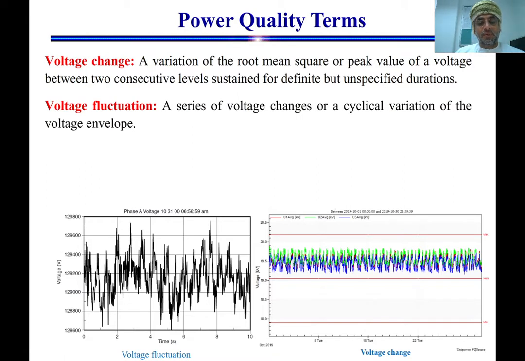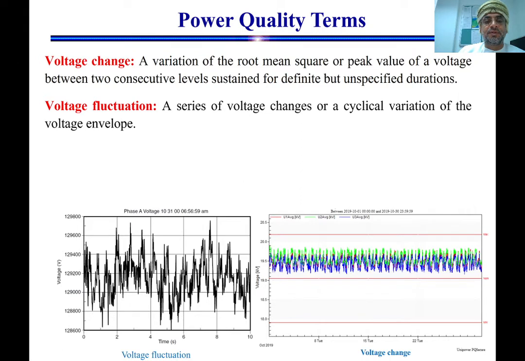Okay, we have what we call voltage change and voltage fluctuation. The voltage change is a variation of the root mean square value of the voltage between two consecutive levels sustained for a definite but unspecified duration, such as over here. So you can see that we have a voltage change.